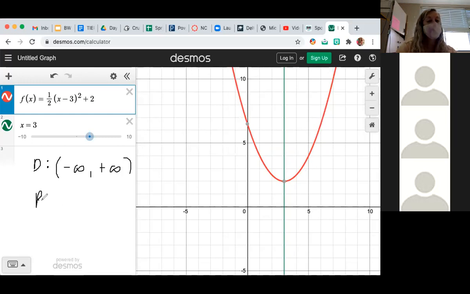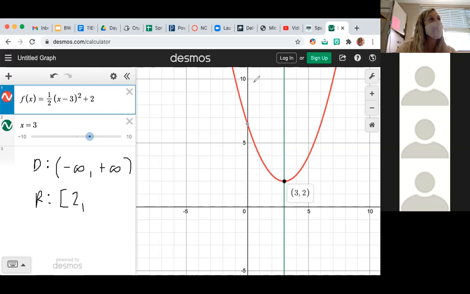What about the range? Very good, Henry. All right, y'all listen. Smallest y value is 2. Start at the bottom of your graph. It starts at 2. So what do I need with the 2? A bracket. And then it opens up.